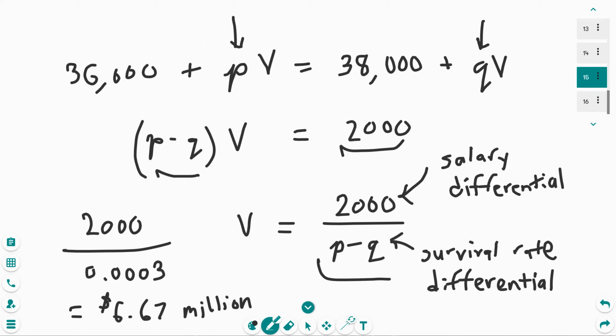And then that P minus Q is just like the omega, which represented the extra probability of surviving by having that good. In this case, it's not a good, it's an occupation that comes with a little bit lower mortality rate.